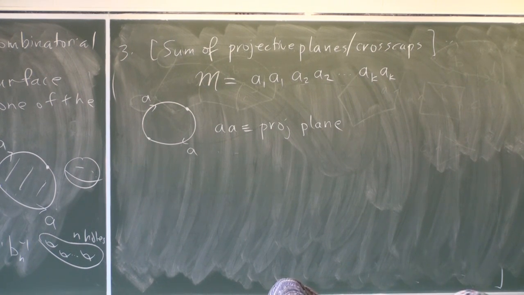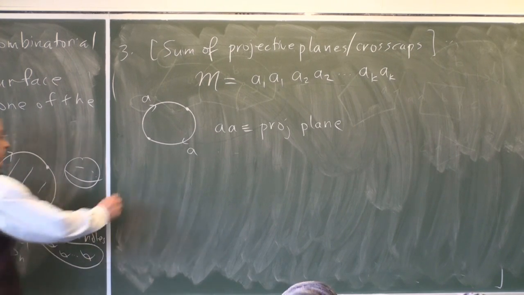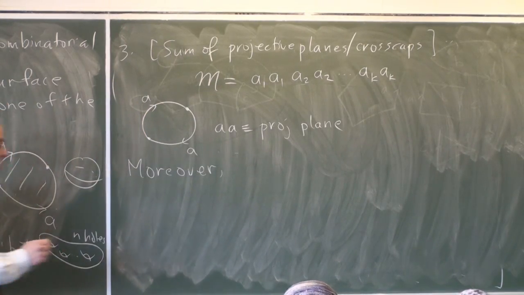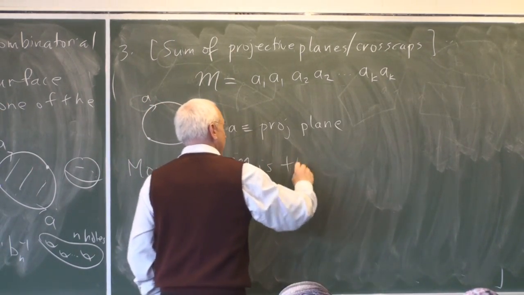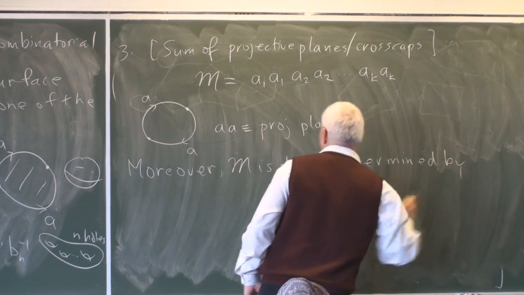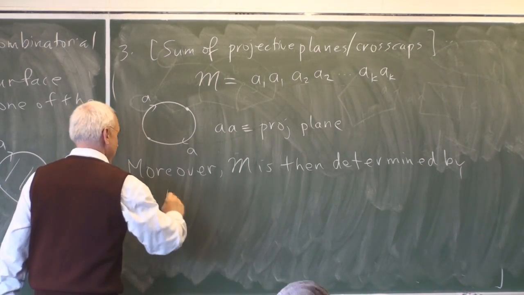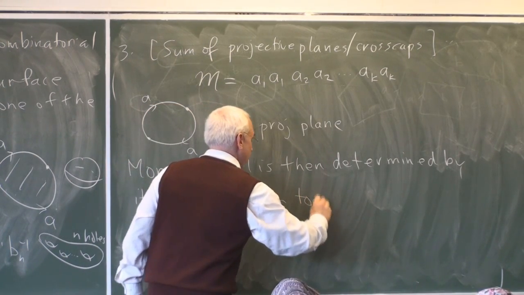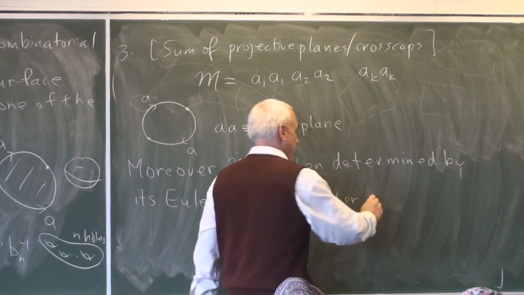So the theorem is that every combinatorial surface is exactly reducible to one of these three standard forms. And moreover, M is then determined by its Euler number together with its orientability.